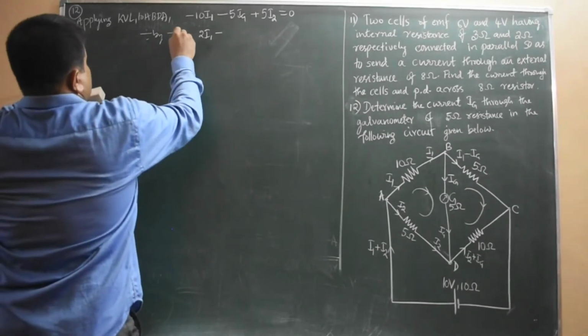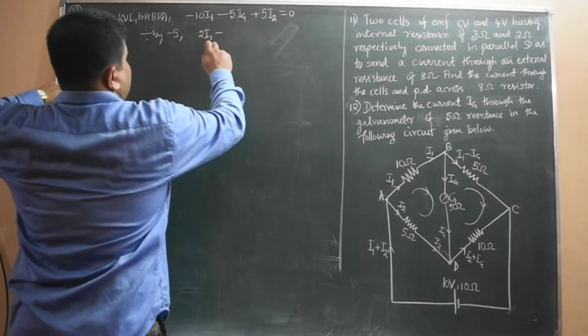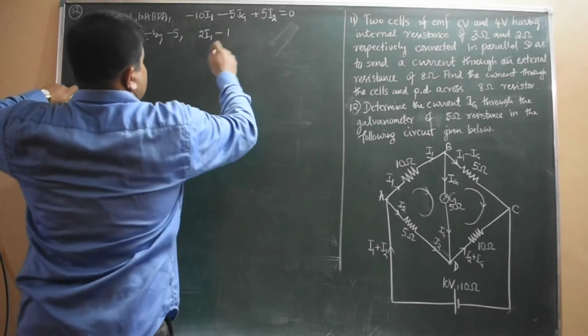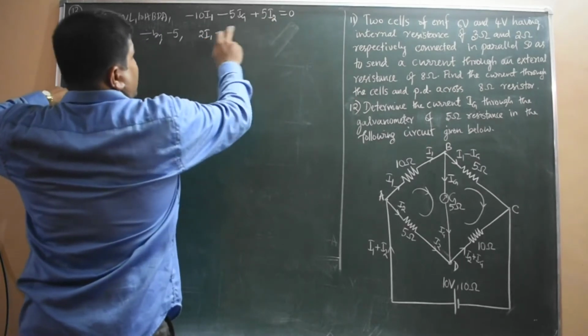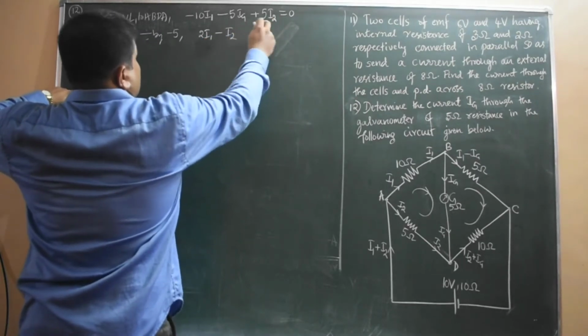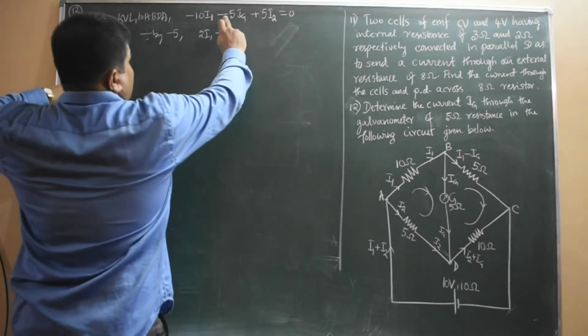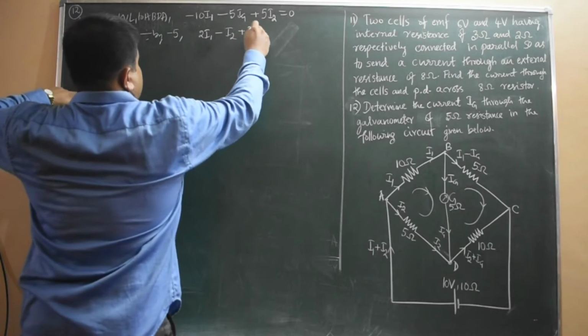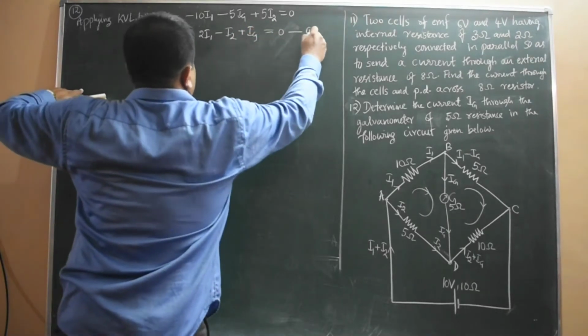So it is 2 I1, then minus 5 means plus Ig. I write I2 after I1, so 5 I2 divided by minus 5 means minus I2, then minus 5 by minus 5 cancel, so plus Ig equal to 0. This is equation number 1.